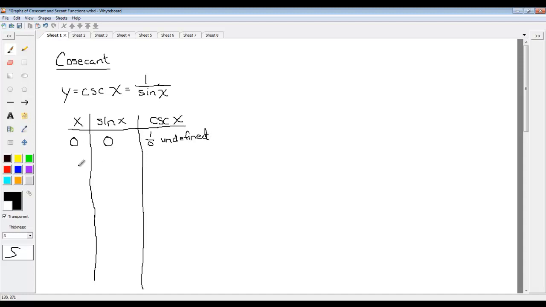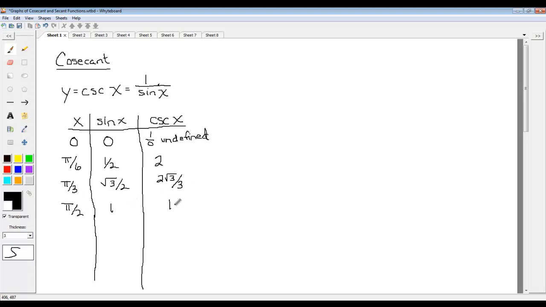Okay? Let's continue and see some more things about the behavior. Pi over 6, the sine of pi over 6 is 1/2. The cosecant of pi over 6 is the reciprocal of 1/2, which is 2. For pi over 3, sine of pi over 3 is square root of 3 over 2. The reciprocal of that is 2 square roots of 3 over 3. For pi over 2, the sine is 1.